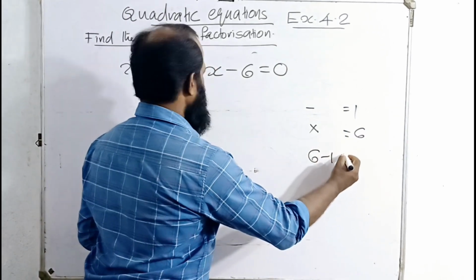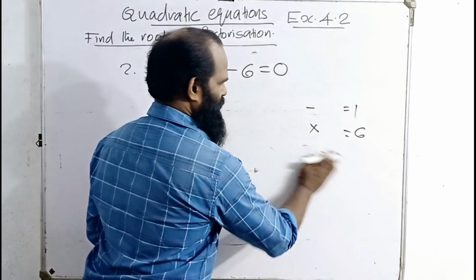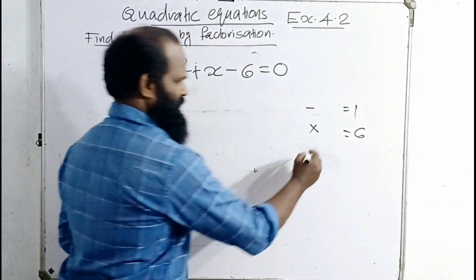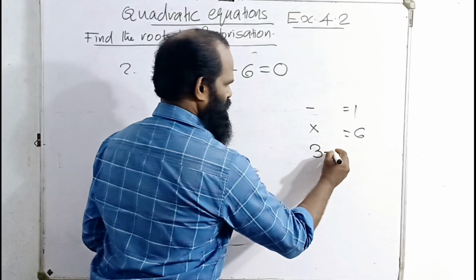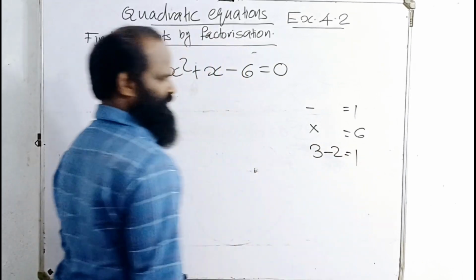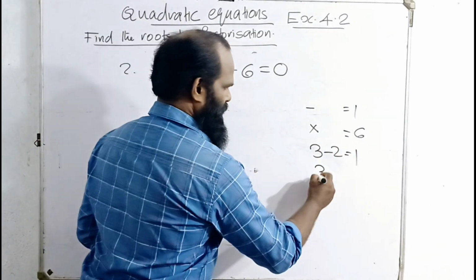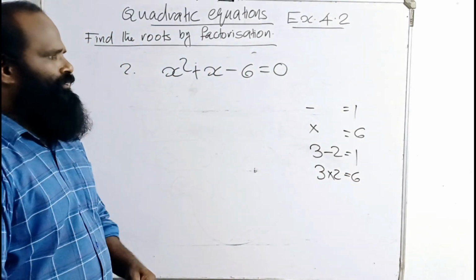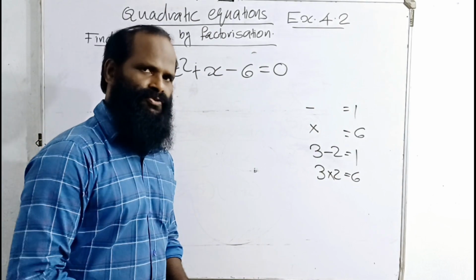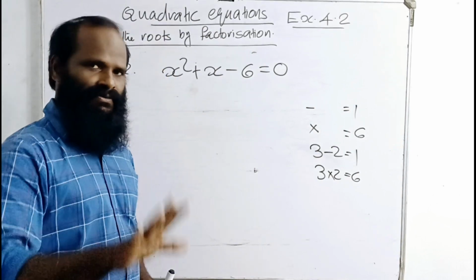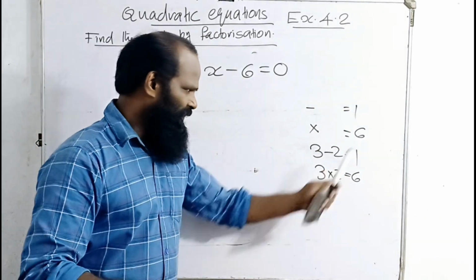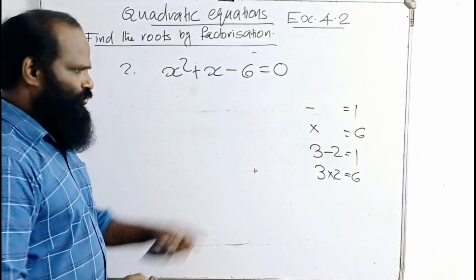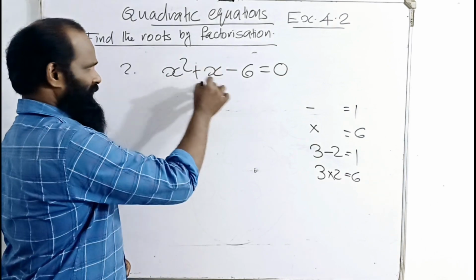Sorry, not 6 and 1. 3 and 2, right? 3 minus 2 is equal to 1. 3 into 2 is equal to 6. So the two numbers which obey these two conditions, the difference is 1 and the product is 6, are 3 and 2. So we use 3 and 2 to split the middle term.